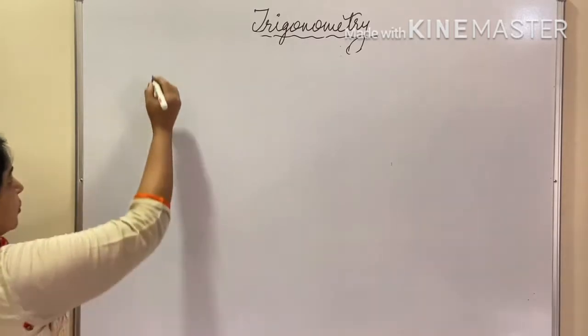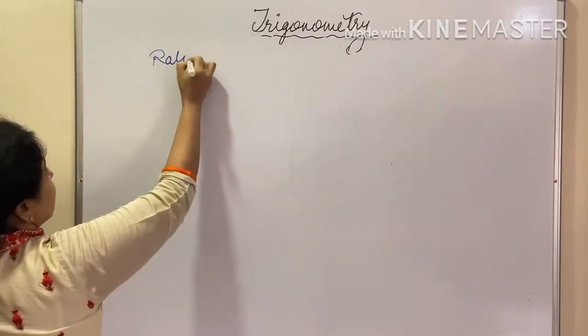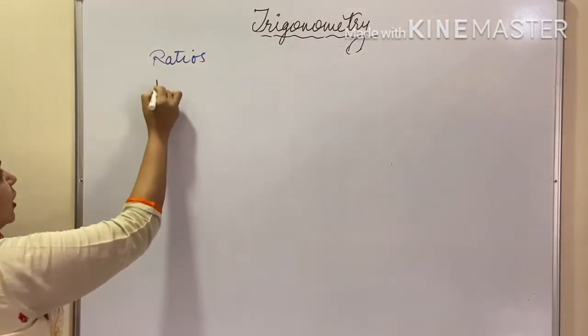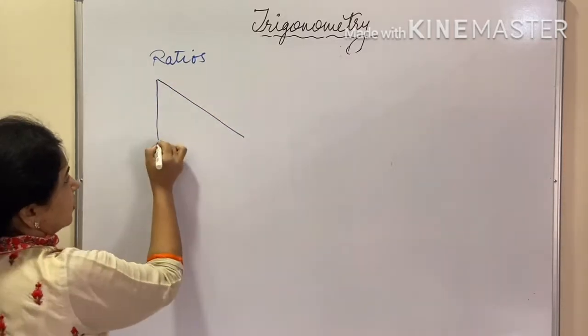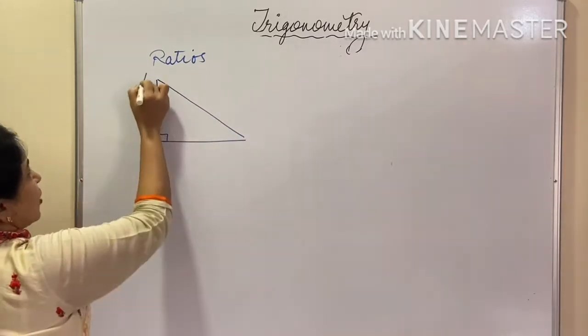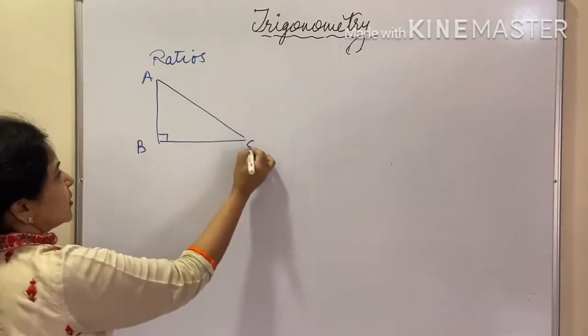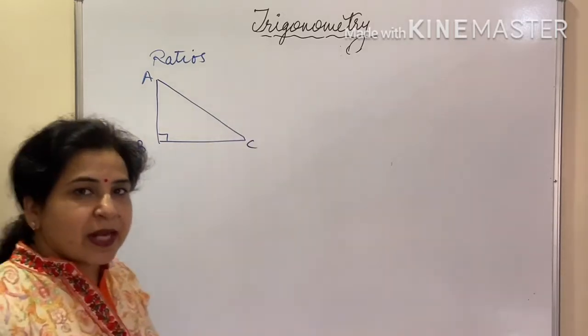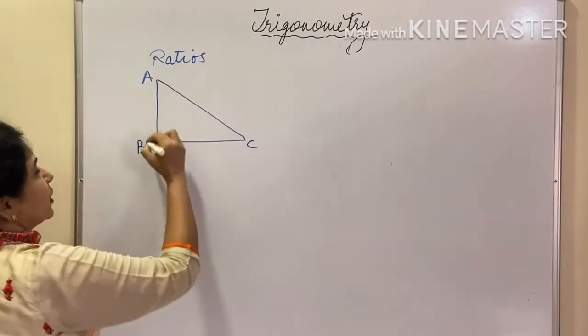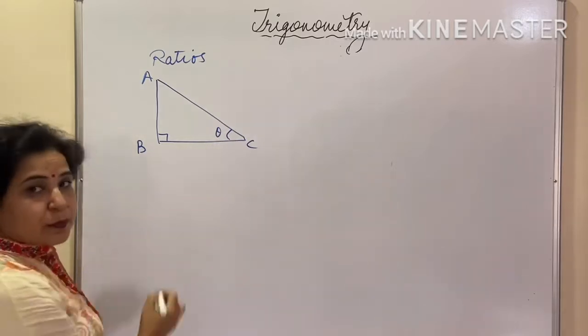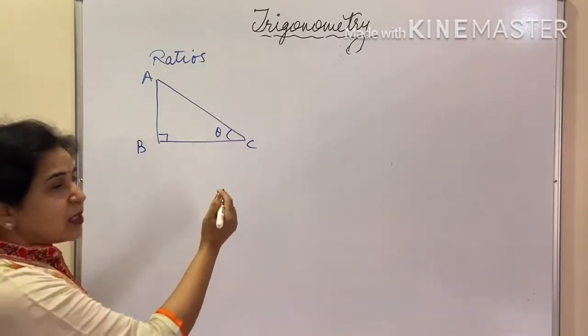Trigonometric ratios. For trigonometric ratios, we need a right angle triangle. In triangle ABC, let us take angle B as right angle. So this is angle theta, suppose. Theta means the angle considered.